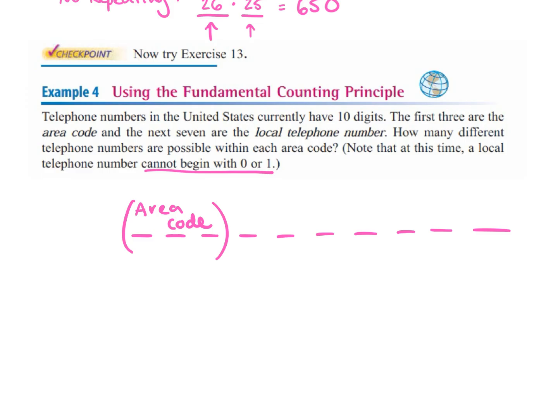There's 10 because we have 1 through 9, right? So the 9 and 0. So we have 10 digits total. But out of those 10 digits, the first one can't be a 0 or 1. So it could only be 2, 3, 4, 5, 6, 7, 8, 9. So it could only be 8 different numbers for that first spot. What about the second spot here? How many different numbers could we put here?